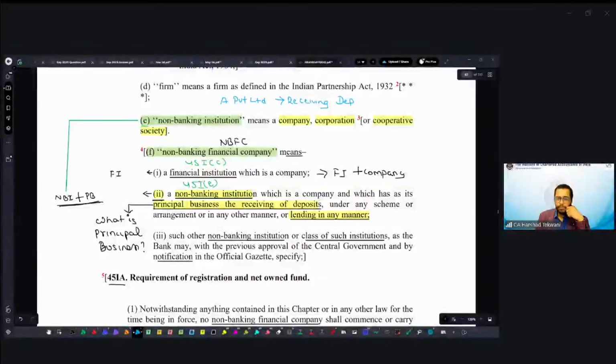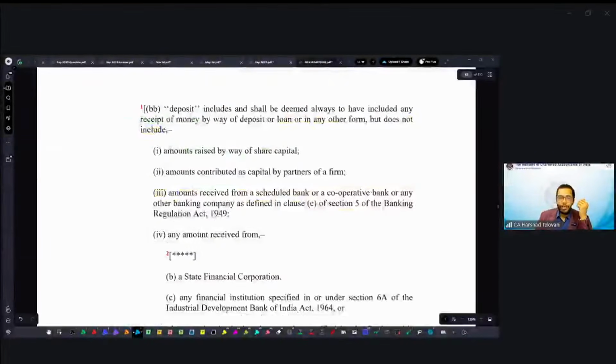Anyone? I need to understand the principal business. And even you have a definition of deposit. What is deposit? That's why they have defined what is deposit.